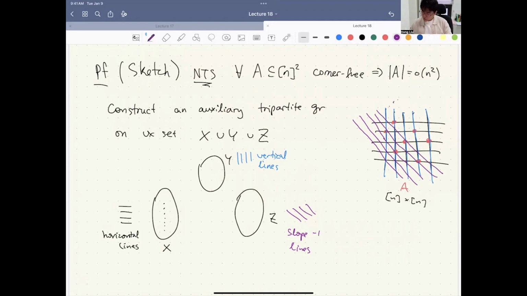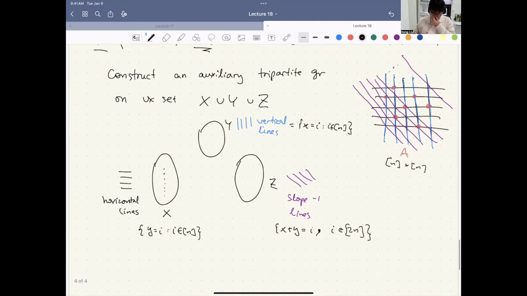I will not draw all of them. So what's the size? If you want to be precise, X is y equals i, where i in [n]. It has n horizontal lines. Y is x equals i, where i in [n]. So n lines. Here there are 2n lines of slope -1, which is x plus y equals i, for i in [2n].